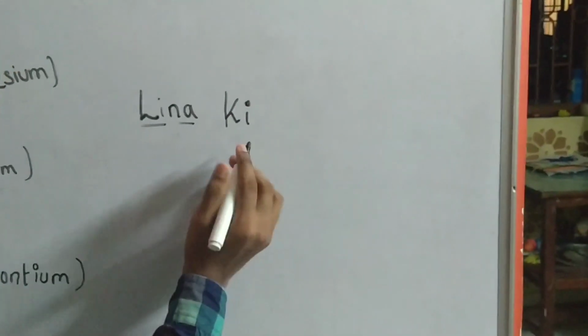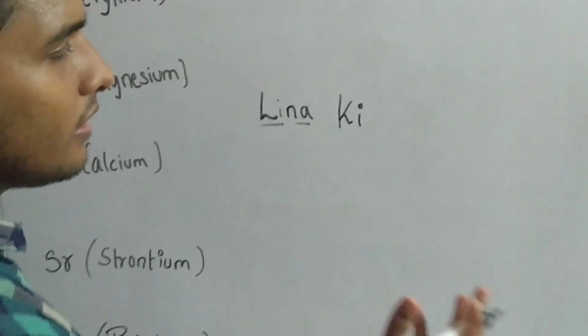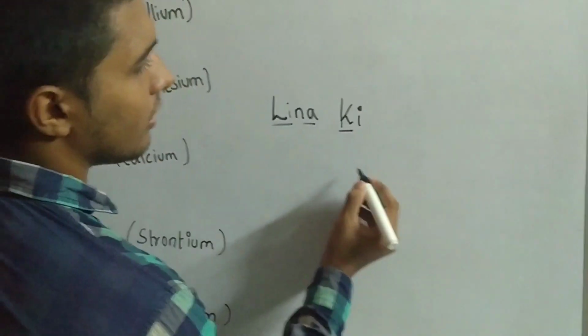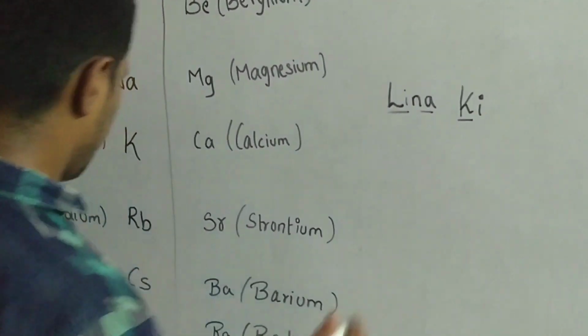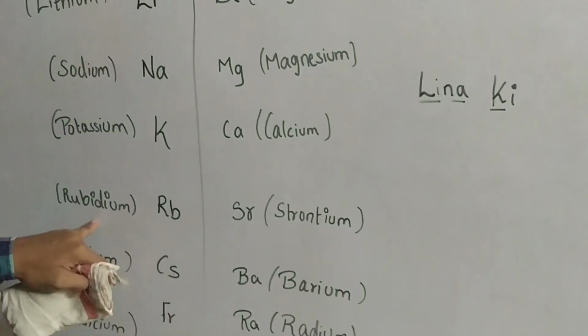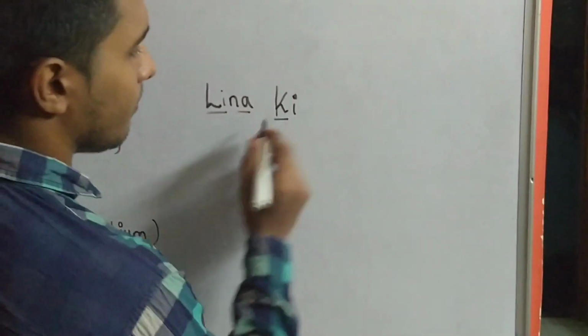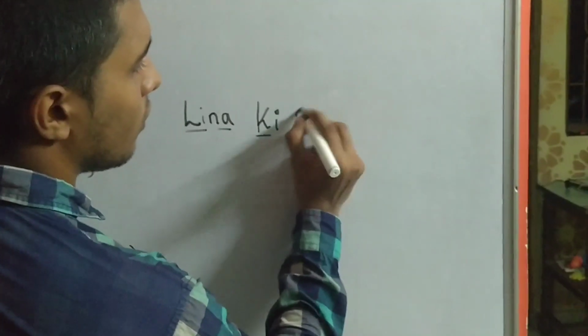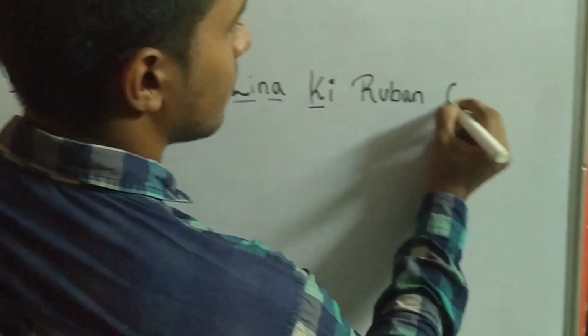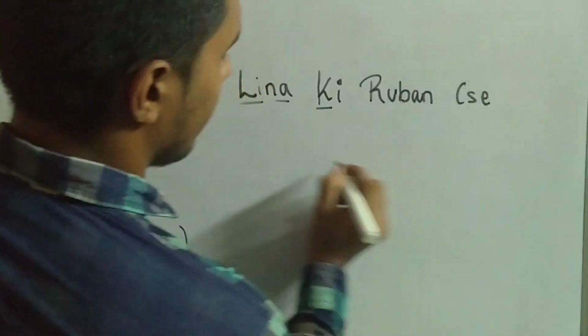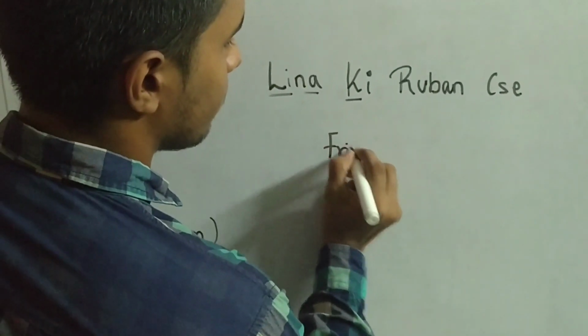Ki, as I said, it will sound a bit Hindi, K, which stands for potassium. Next we have rubidium, so: Lena ki Ruben se friendship.